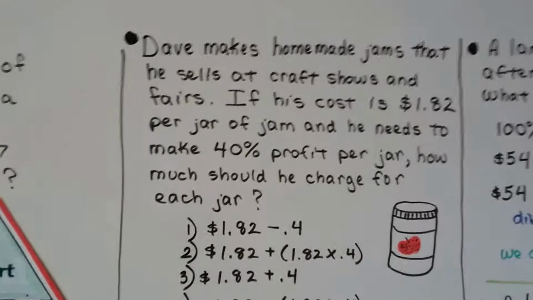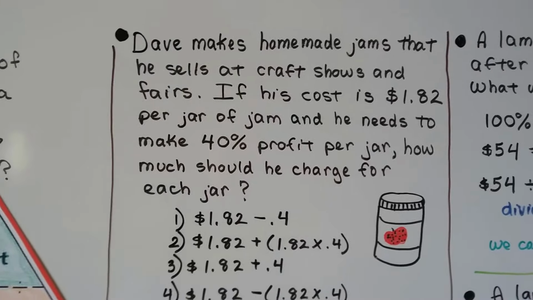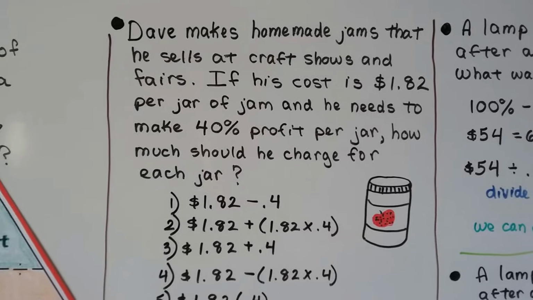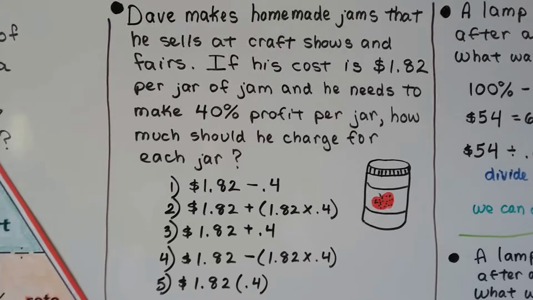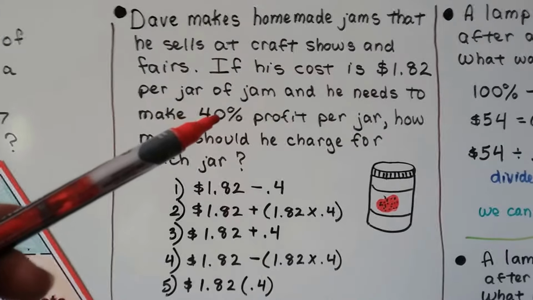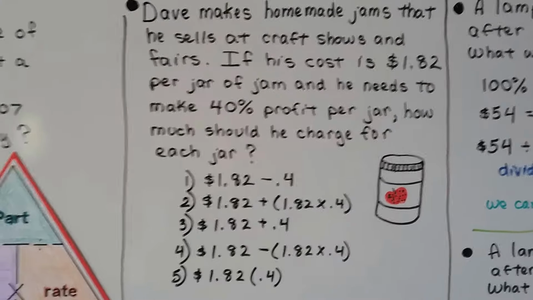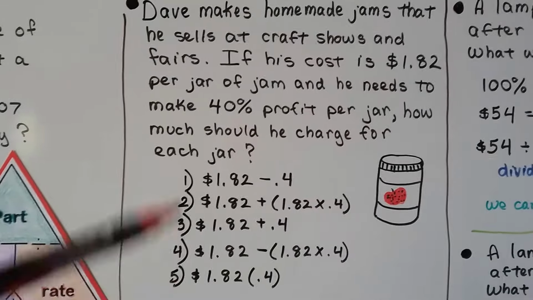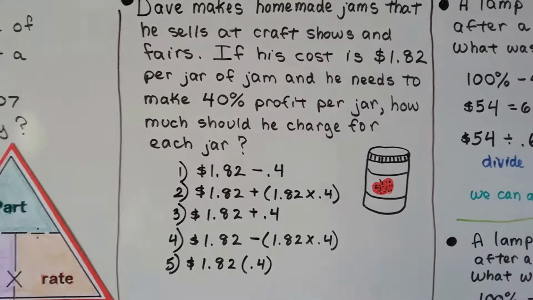We have more examples here. Dave makes homemade jams that he sells at craft shows and fairs. If his cost is $1.82 per jar of jam and he needs to make a 40% profit per jar, how much should he charge for each jar? Right here it says profit. So we know there's going to be 40% added onto this $1.82. Which expression is the right one to help us? Well, we need to know 40% more of $1.82.